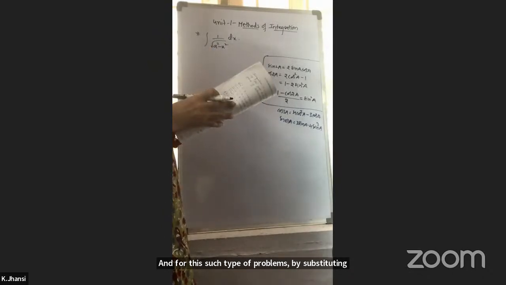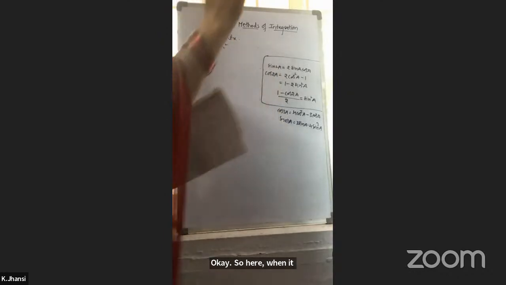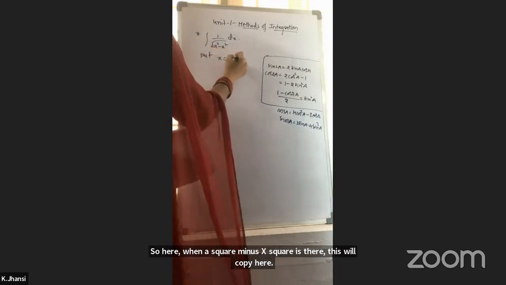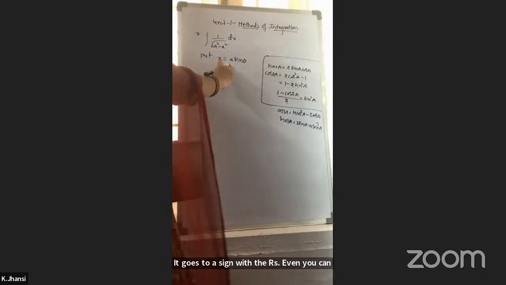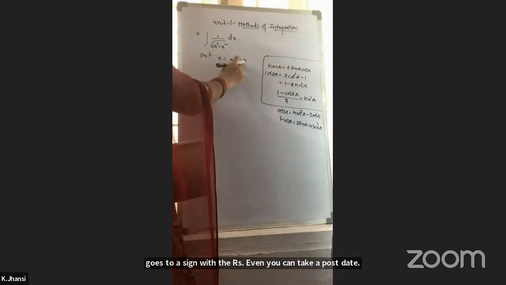Okay. So here when a square minus x square is there, we'll put x equals to a sin theta, or else even you can take a cos theta also. We'll get the similar answer only. So put x equals to a sin theta.